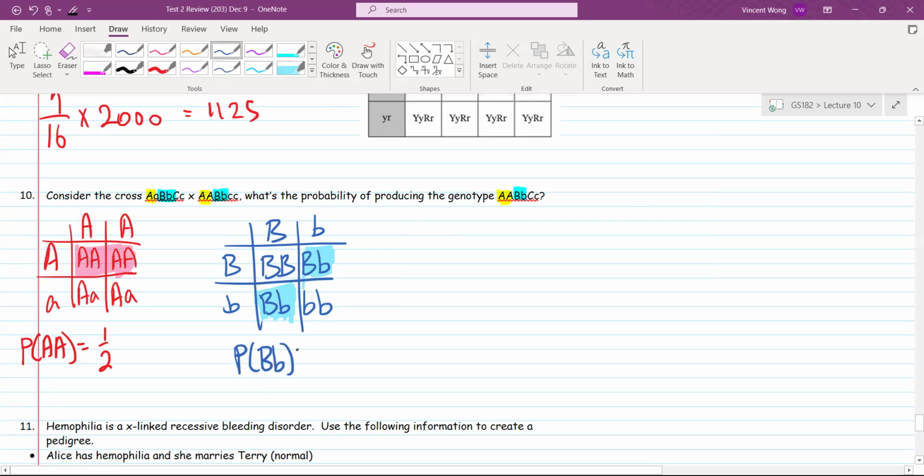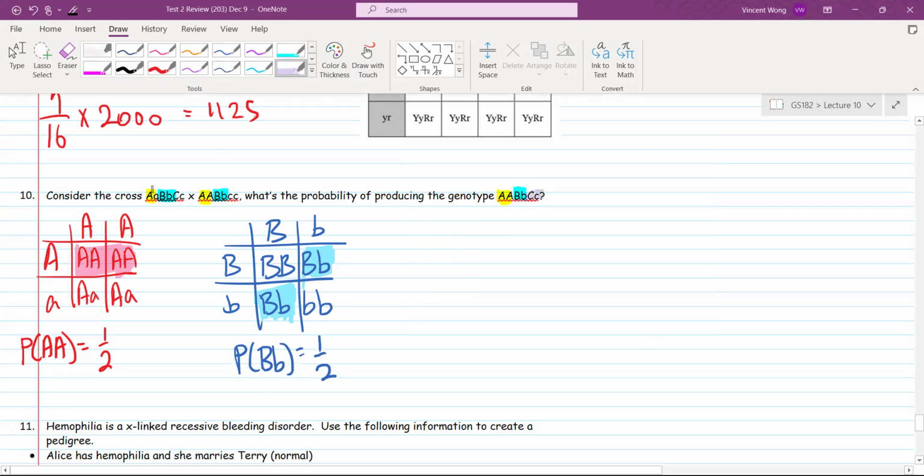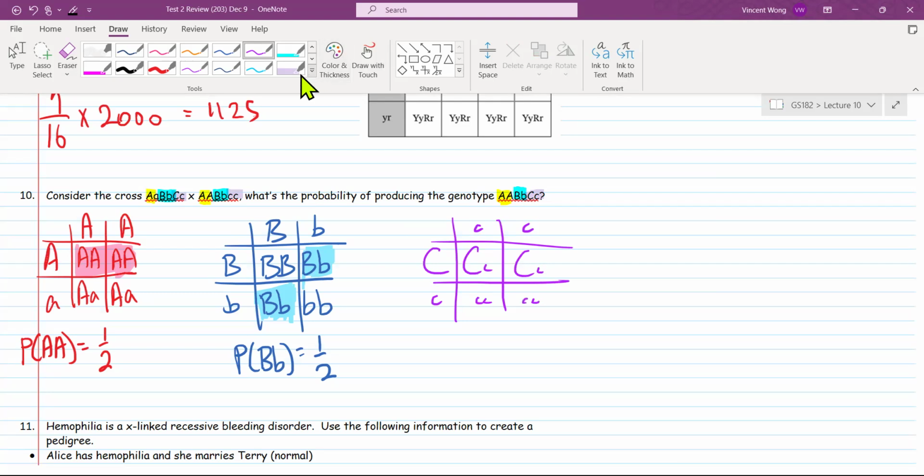Okay, big B, small b, 1 over 2. And then lastly, we'll do big C, small c. So we'll just do the c alone. So that's simple, okay? Rather than doing a huge table. And we're looking for big C, small c. So that is also 1 over 2.